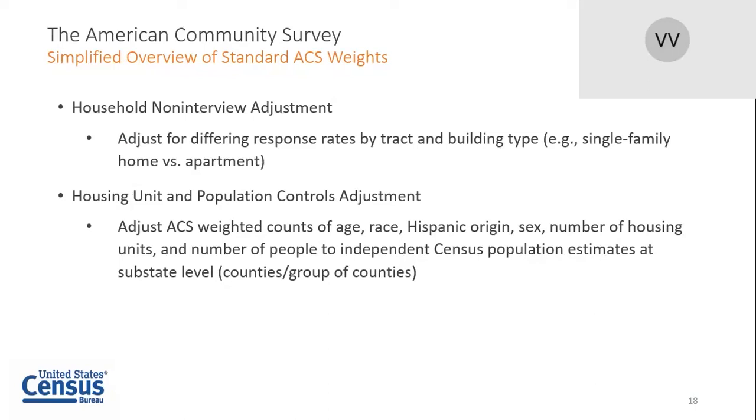And then at the end, there's something called a housing unit and population controls adjustment, which adjusts ACS weighted counts of age, race, Hispanic origin, sex, and number of housing units and people to independent census population estimates at the sub-state level.